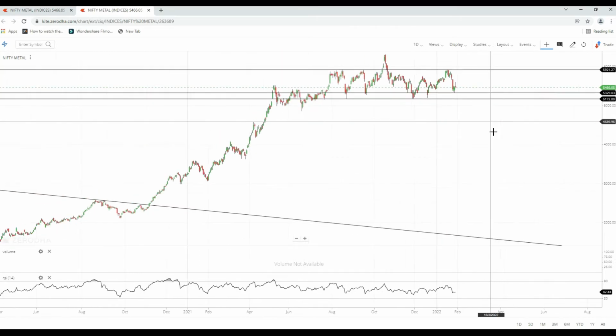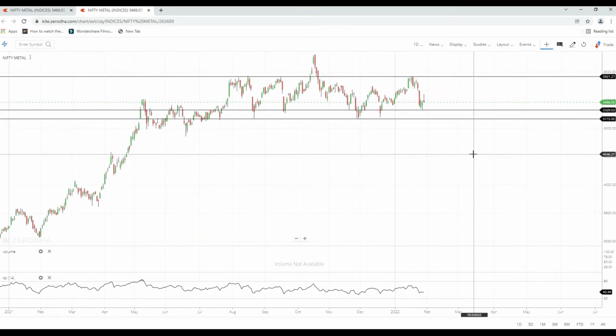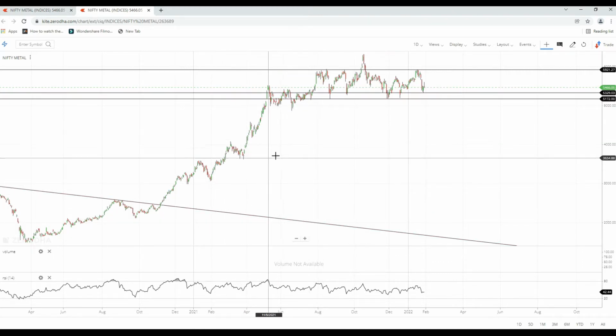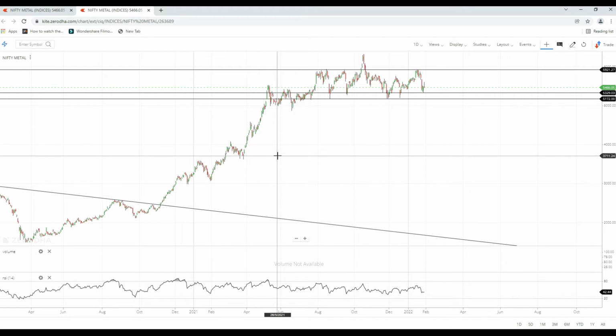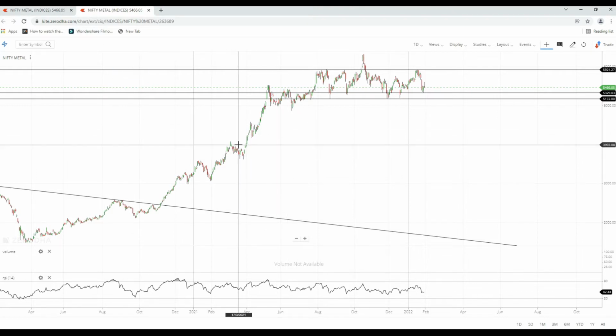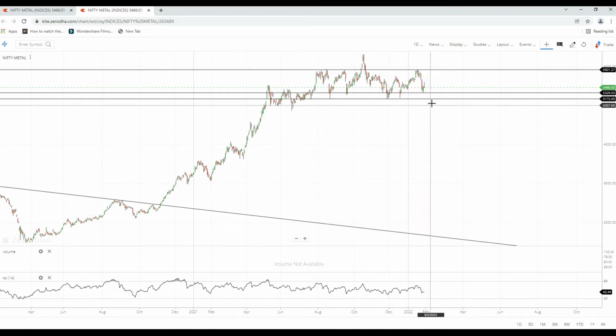For the people holding the stocks from before this consolidation range, like Tata Steel, I will also be sharing the stocks with you. If you are holding the stocks, there is no need to worry until it comes below and sustains below this range of 5,000.